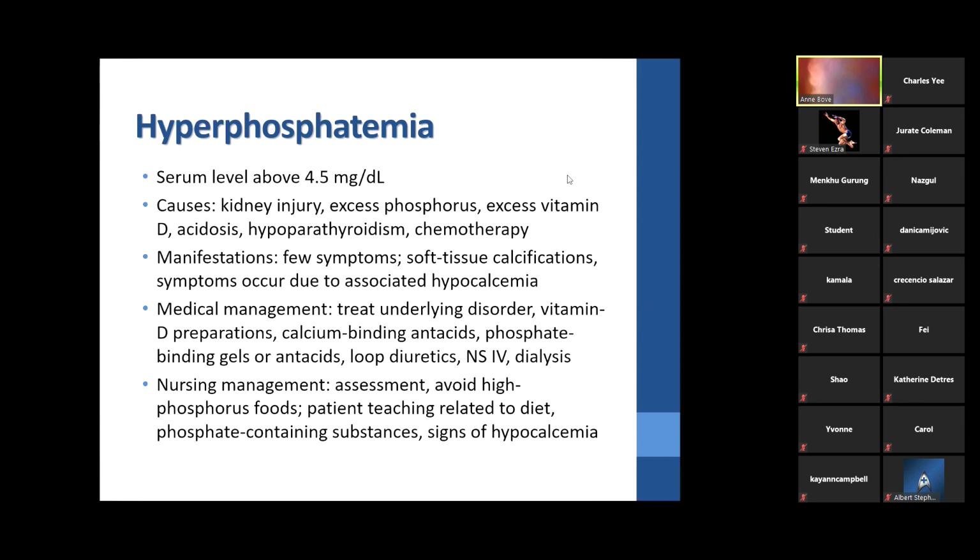Now, hyperphosphatemia is when your serum level is above 4.5, and you're looking at kidney disease. You're looking at once again endocrine disorder, and certain chemotherapeutic agents for cancer. Remember, everybody thinks chemotherapy is a term used for cancer drugs, but the reality is chemotherapy means chemical therapy.